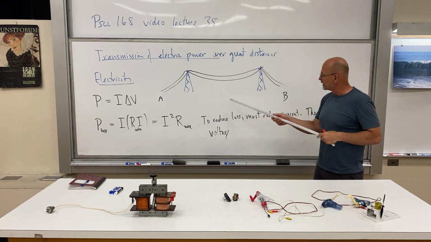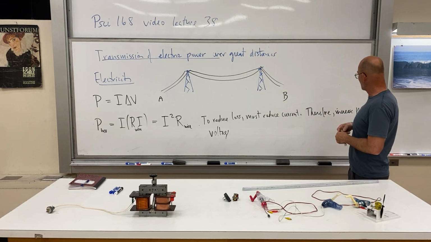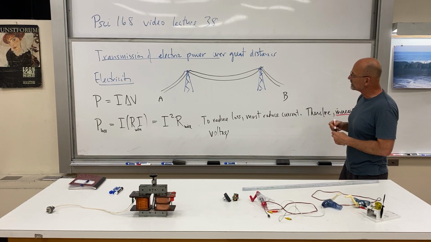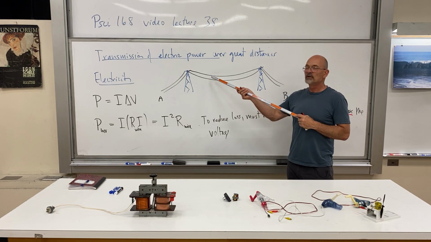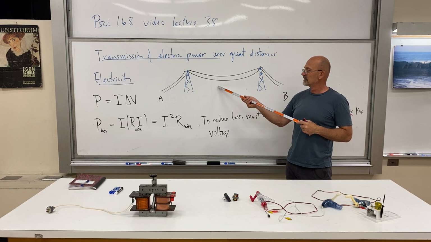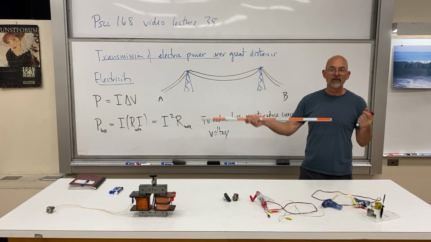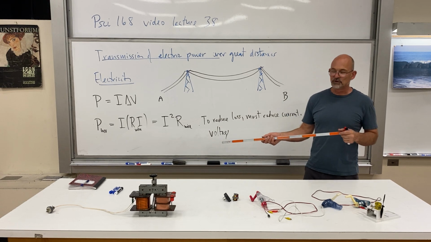So in order to effectively transmit electricity over great distances, we need to substantially increase the voltage. And in fact, what they'll do is increase it to 100,000 volts. Okay, so instead of 120 up to 1,200, all the way up to say even possibly a million, but 120,000 volts for sure.